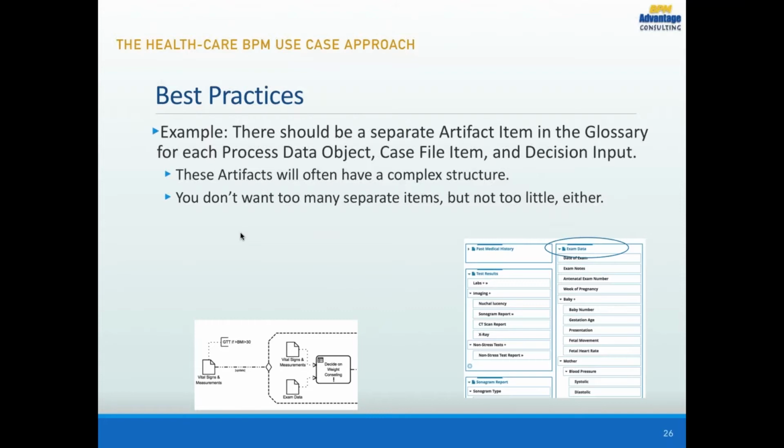But for example, in every artifact that shows up in the Discovery Accelerator, a separate one of these light blue boxes would represent a separate data object in BPMN, CMMN case file item, or decision DMN input or output.